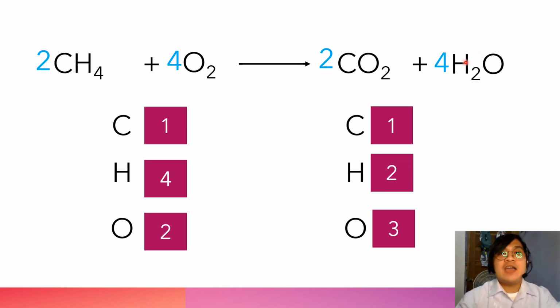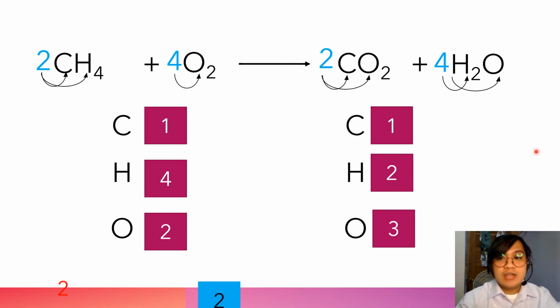Now, I will distribute these coefficients through the use of mathematical operations. Let's begin first with CH4. I have the coefficient 2 distributed to carbon and of course to hydrogen. If I distribute 2 to carbon and hydrogen, 2 times 1 will be 2, as you can see here.